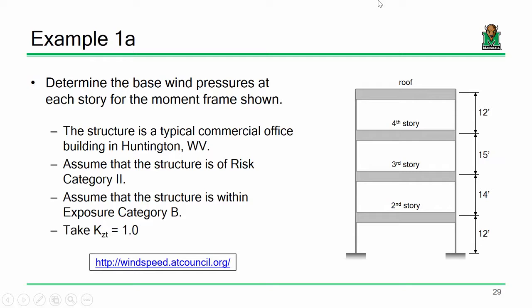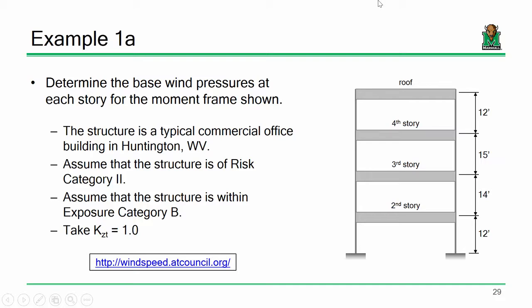Now, we want to determine the base wind pressures at each of these stories for this moment frame shown. So we're going to assume that it's a typical commercial office building in Huntington, West Virginia. First off, because it's a typical office building and not a school or a hospital, we can assume that the risk category of the structure is risk category 2.